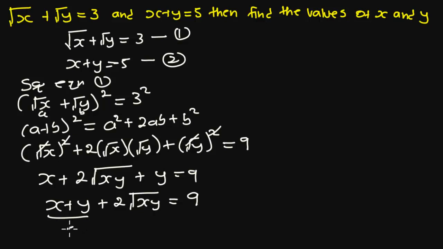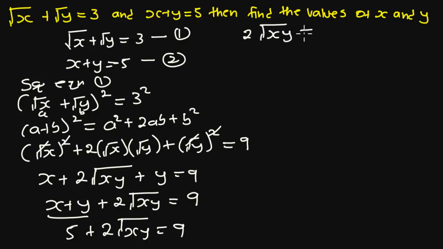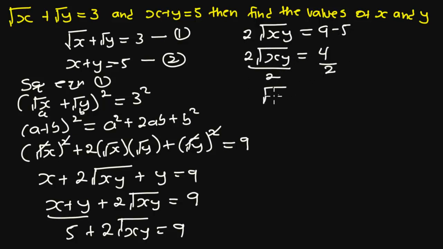So I'm going to have 5 plus 2 multiplying the square root of xy is equal to 9. So we are going to have 2 multiplying the square root of xy is equal to 9 minus 5. So 2 times the square root of xy is equal to 4. And then from here we can divide both sides by 2. So you are going to have the square root of xy is equal to 2.